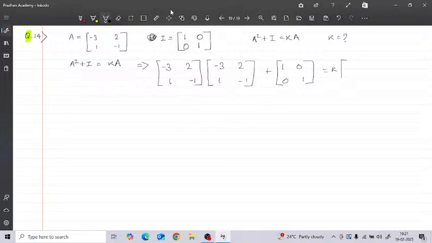K into 3 into 9 plus 2, 9 plus 2 is 11, minus 6, minus 6, minus 2, minus 3, minus 1, that is minus 4. 2 plus 1 is 3.